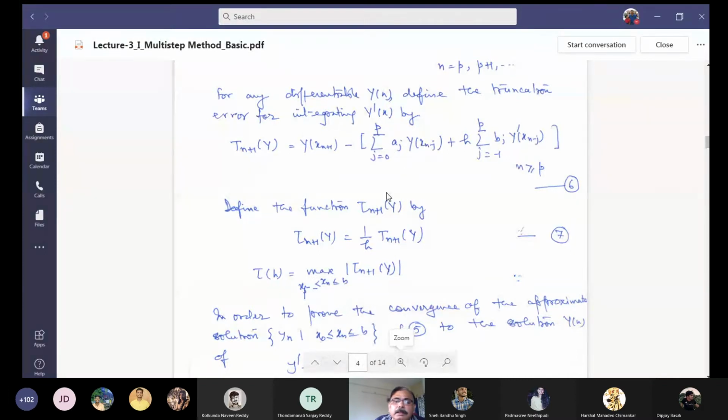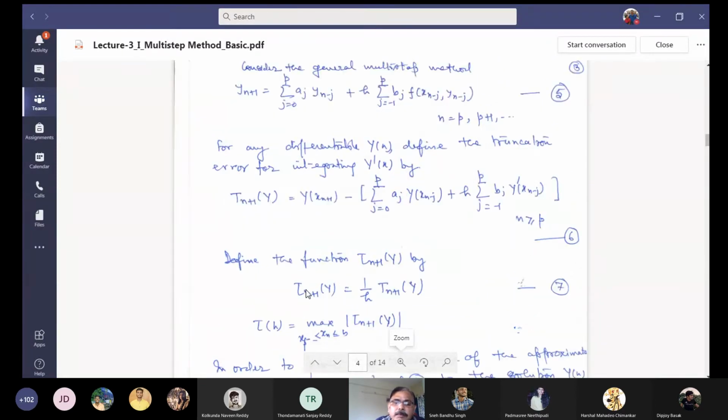Okay. Then this is also defined. What is tau_{n+1}? I am writing 1 by h times T_{n+1}. This will give you the order of the method. So this tau_h is taken as the maximum over all the points x_p to b of the magnitude of tau_{n+1}(y).